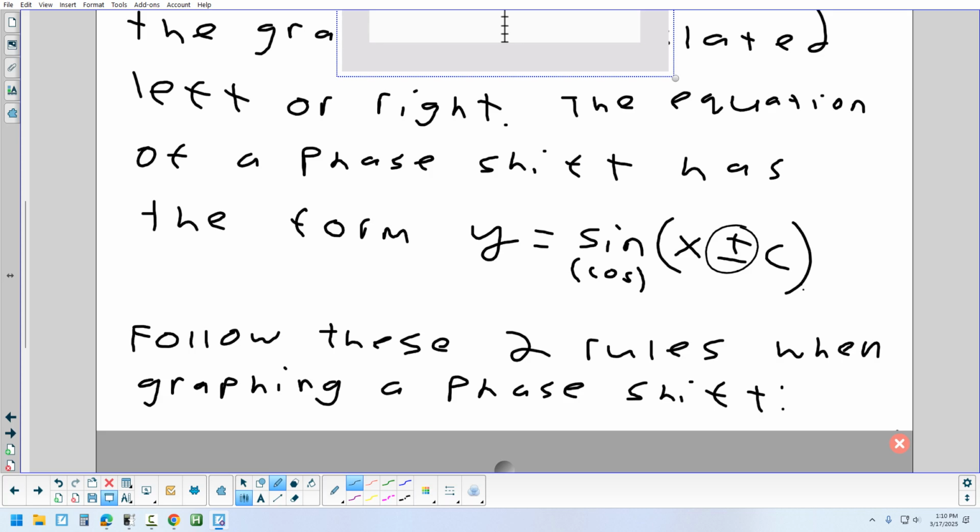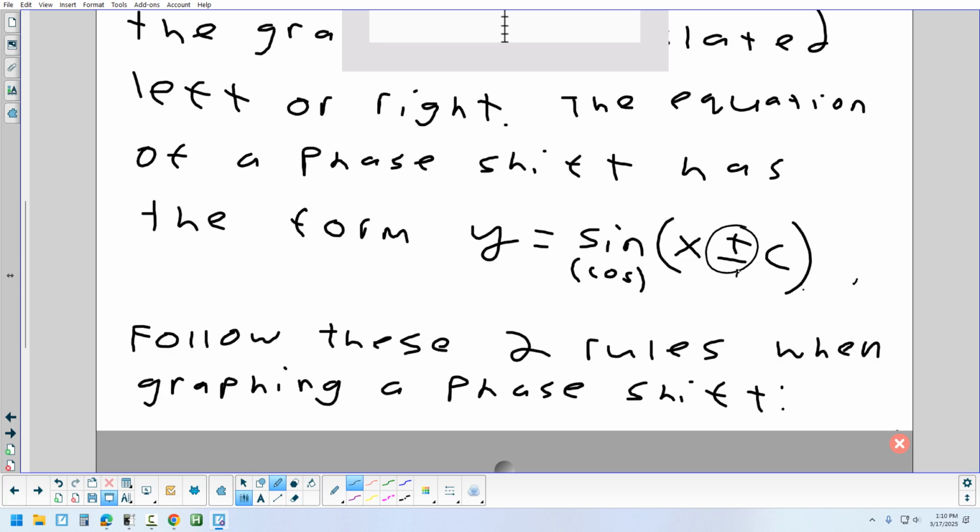Are you doing it inside the parentheses or outside? If it's inside, it's always horizontal. If it's outside, it's going to be vertical. So those are the 2 things you have to look at: what kind of arithmetic are you doing, and where are you doing it?